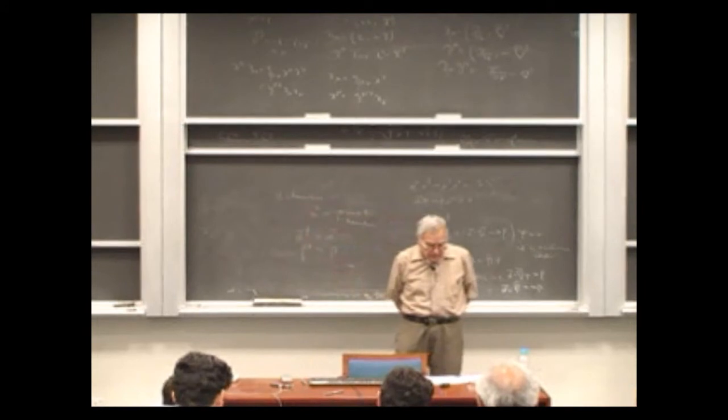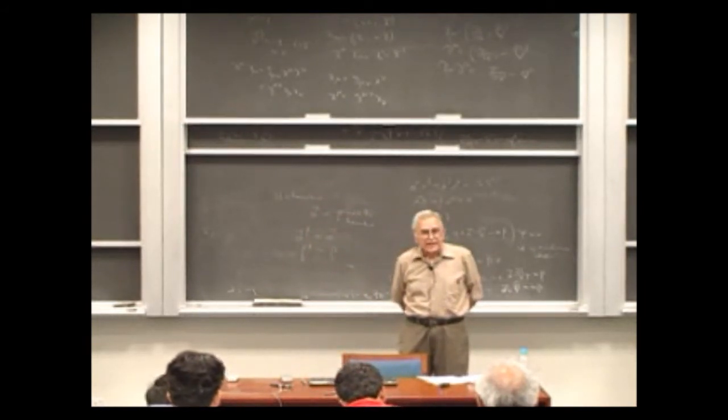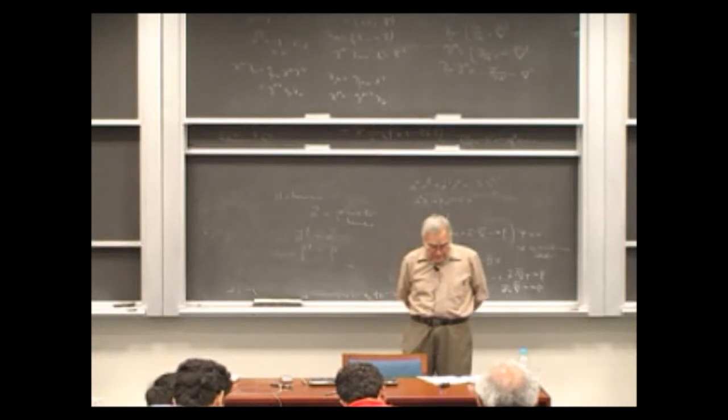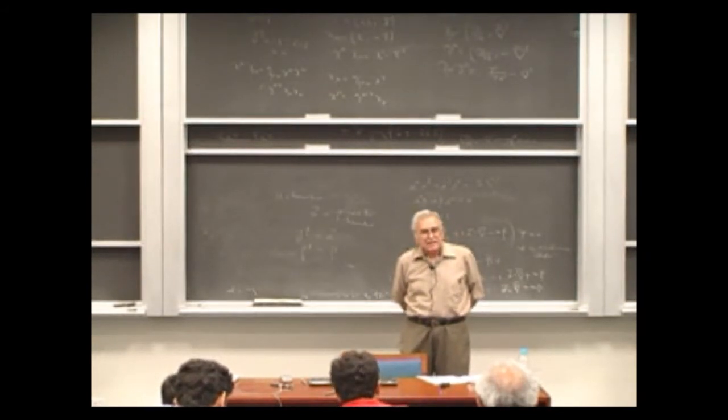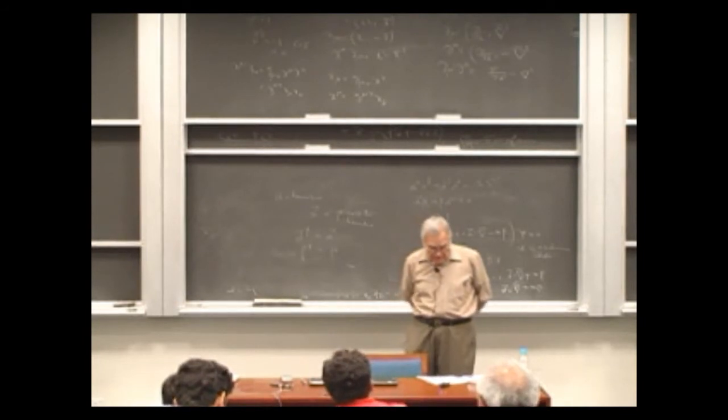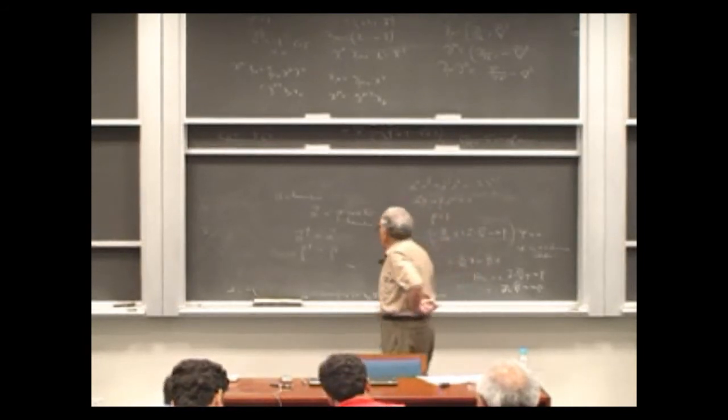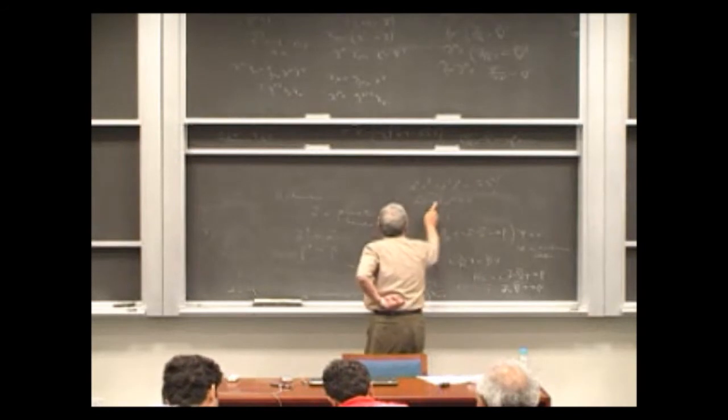Now the next question is how many components these n are. This we can show, n has to be even, and we can easily show this because you see these anticommutation relations.